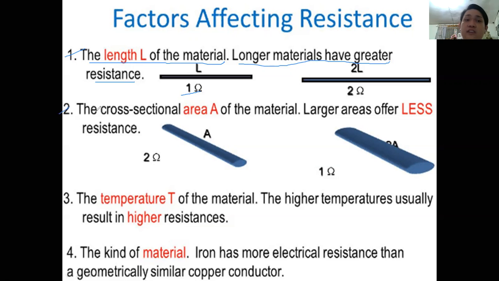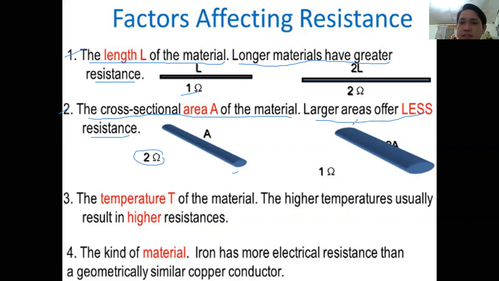Another thing is the cross-sectional area, or A, of the material. Aside from the length, the cross-sectional area of the material will affect the resistance. Always remember that larger areas offer less resistance. As you can see, this one has a small area, so it has 2 ohms.